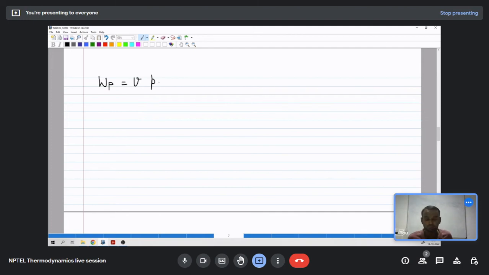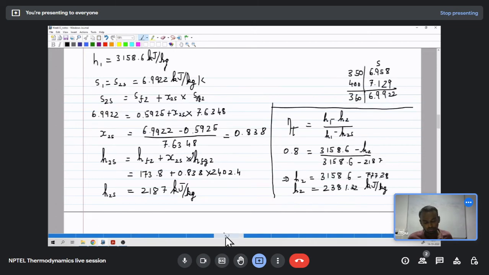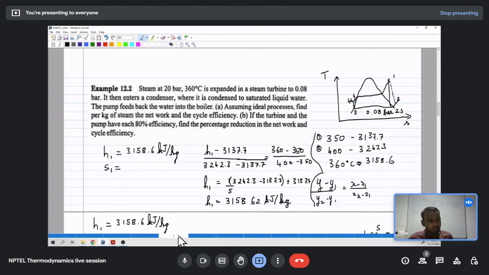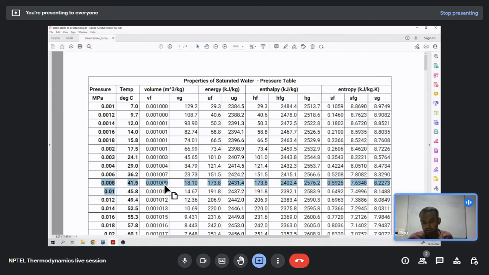From the drawing, 3 and 4 are the pump states, so we have P4 minus P3. The volume can be taken at state 3, which is again 0.08 bar. We can go to the steam table for 0.08 bar. This is the volume of the liquid, which is 0.001009.